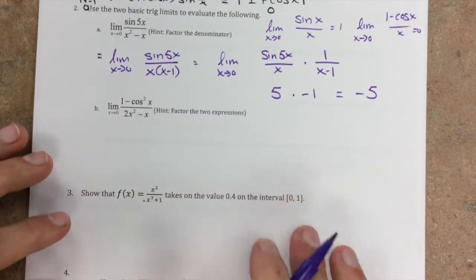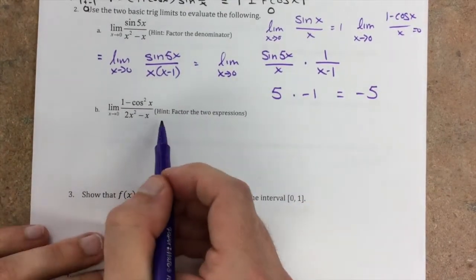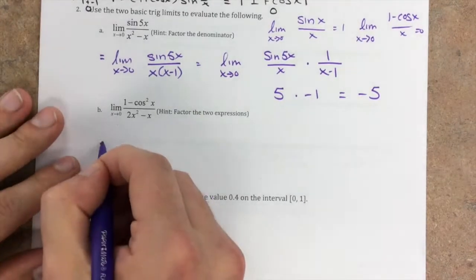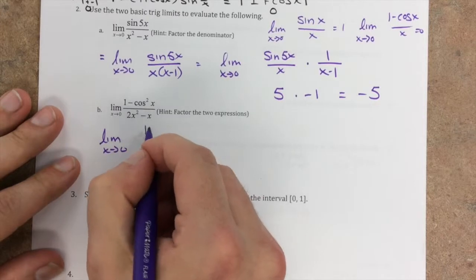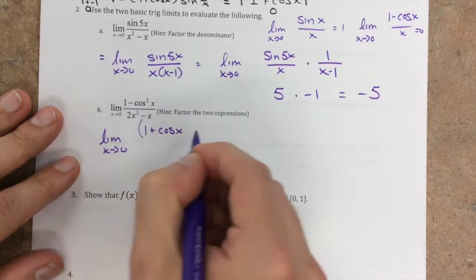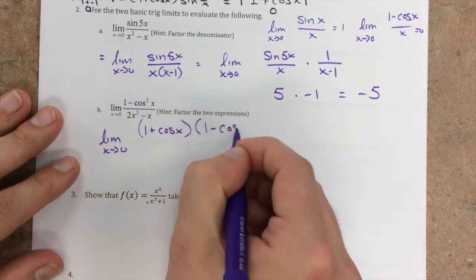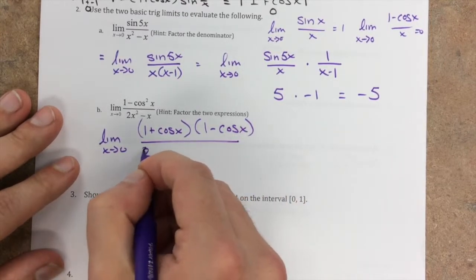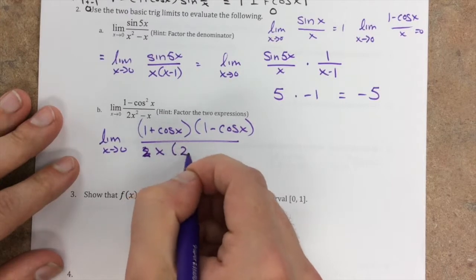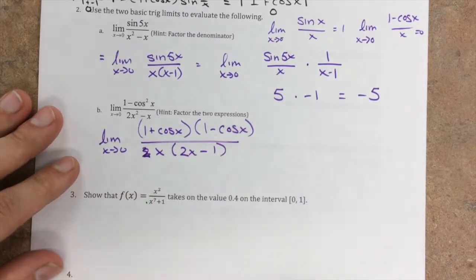Okay, that's pretty straightforward. B, hint: factor the two expressions. When we factor these, that is the difference of two perfect squares, so that's 1 plus cosine x and 1 minus cosine x over, let's factor out an x, so that's x times 2x minus 1.